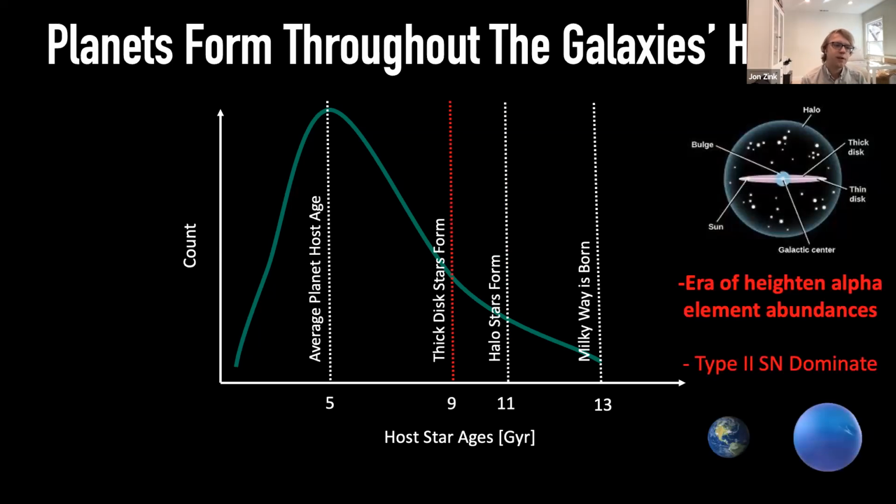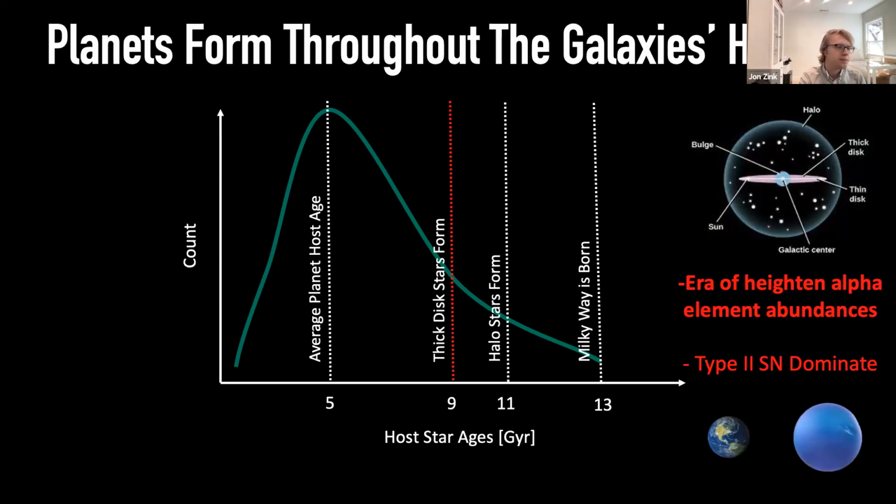So this is the era of heightened alpha element abundance. During this period, type 2 supernovas dominate. So we don't have the iron abundances that we see in our current population; it is mostly alpha element enhanced. So maybe we can learn something about how alpha elements play into planet occurrence and formation by looking at these older populations.